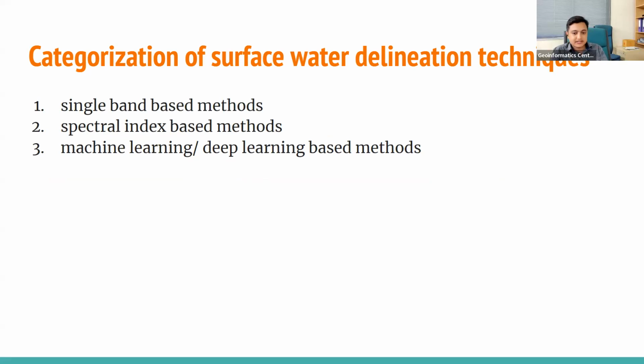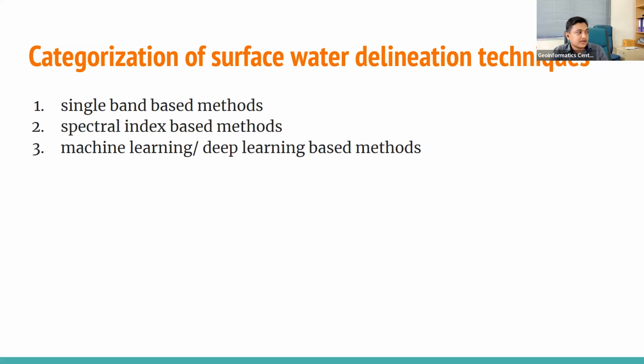If we just take a single band from that and derive some threshold, then we can derive the water body if we can properly identify a threshold. That is the single band based method. It does not require any complex logic to process, it will just take a single band and a simple mathematical operation.